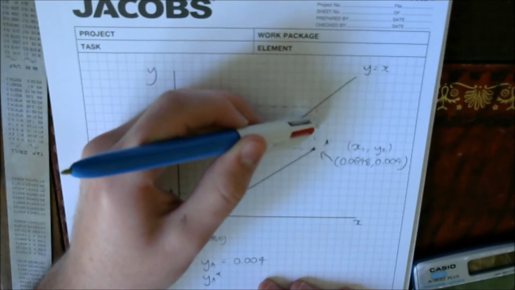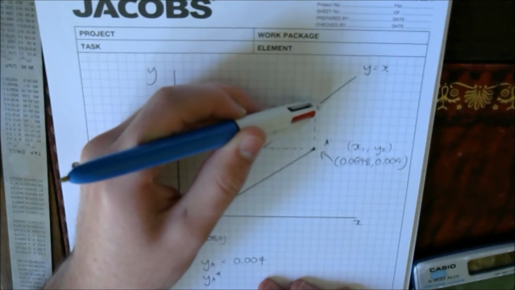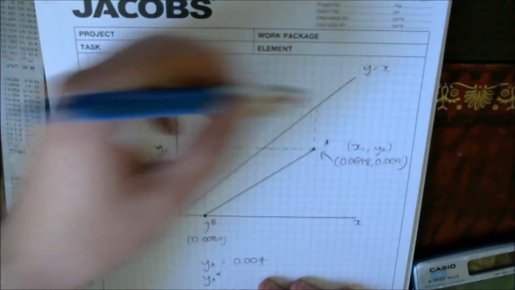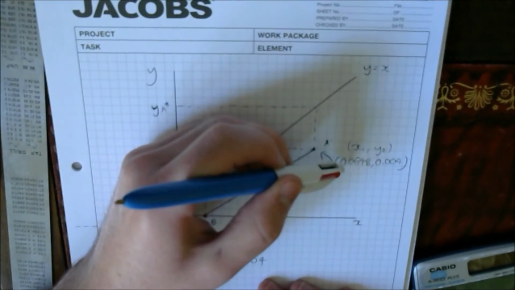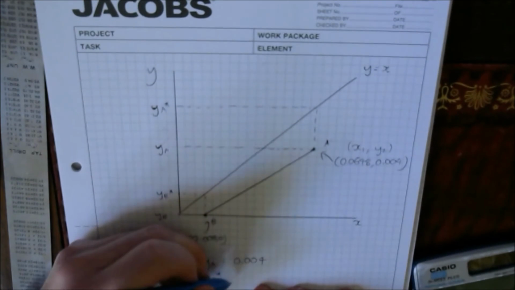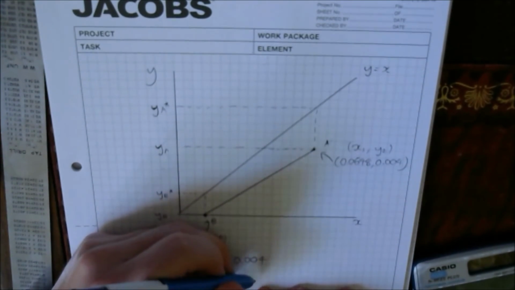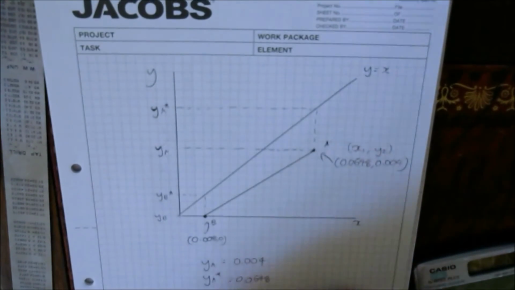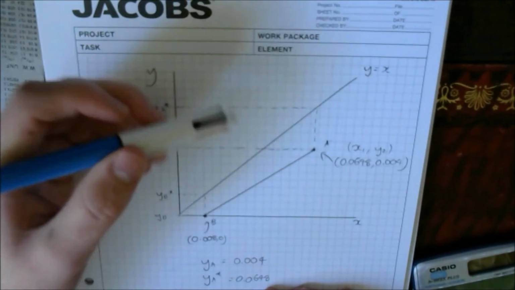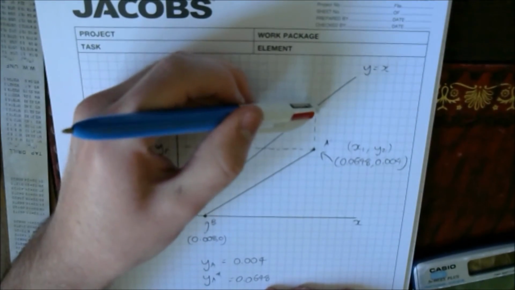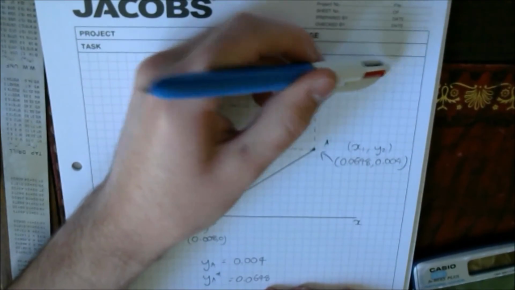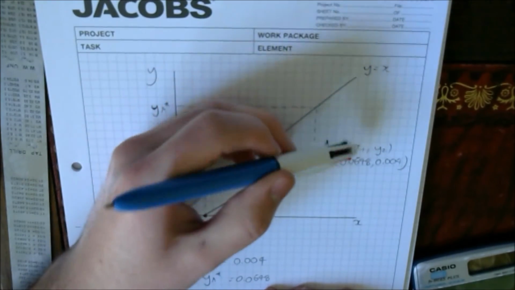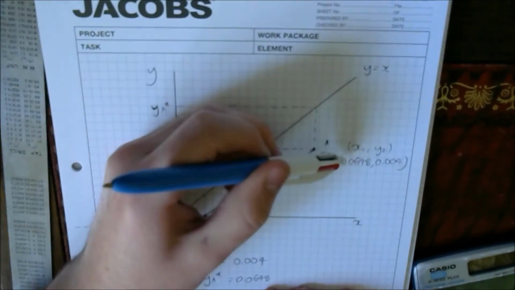So we'll draw it up to here. Y is now equal to x. So YA star is going to be equal to 0.0648. I hope that makes sense. Basically, just think of it as on this curve, our y value is now equal to our original x value. So YA star is now equal to this.